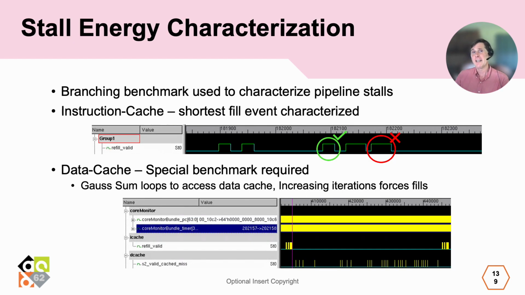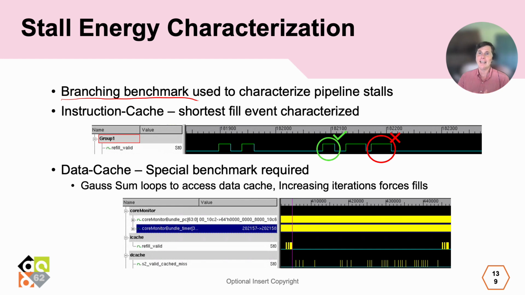Now, simply characterizing the energy per instruction is not going to give you a very accurate power model. So we wanted to add a little bit more accuracy by characterizing the energy consumed during certain kinds of stalls. One of the most basic was the pipeline stall, what happens during a pipeline hazard or a control hazard, which would be like branching to another location.